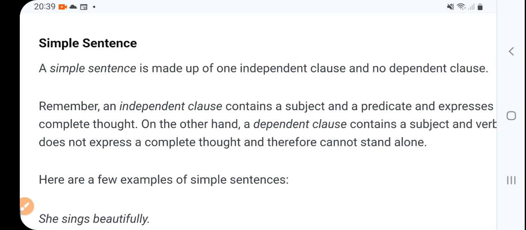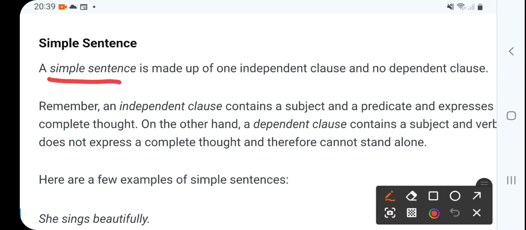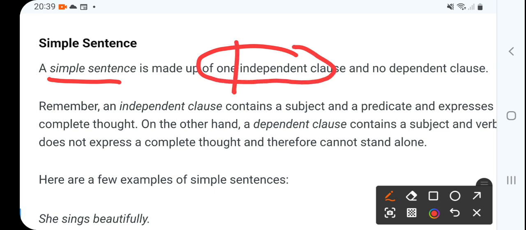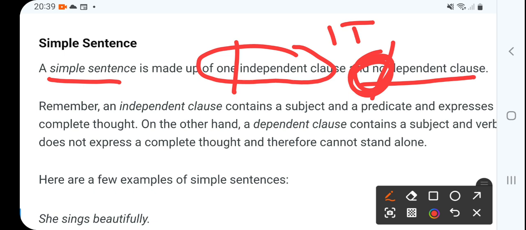Very important definition: a simple sentence is made up of one independent clause and no dependent clause. Very important, no dependent clause. So please take care, right? So one independent clause is called a simple sentence.